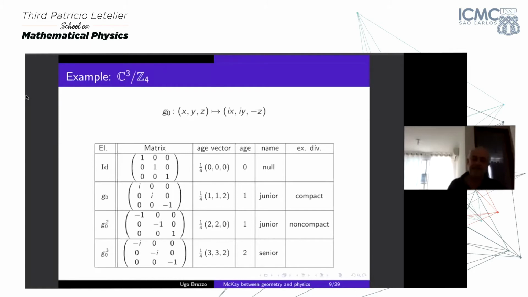As a trick of the trade, it happens that the junior classes correspond one to a compact and one to a non-compact component. The trick to understand which is which is that one of the junior classes has a 0 in the triple of numbers we are considering.